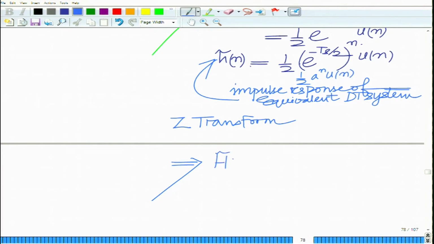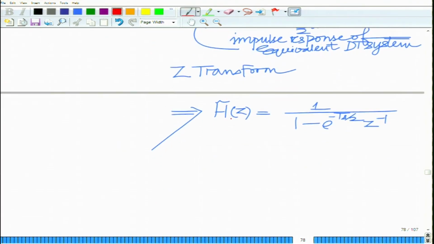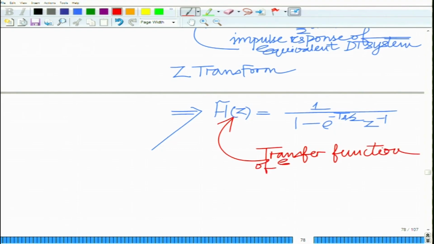So, H tilde(z) will be half over 1 minus a z inverse, that is, half over 1 minus e raised to minus Ts over 2 z inverse, and this is basically the transfer function of the equivalent discrete time system.